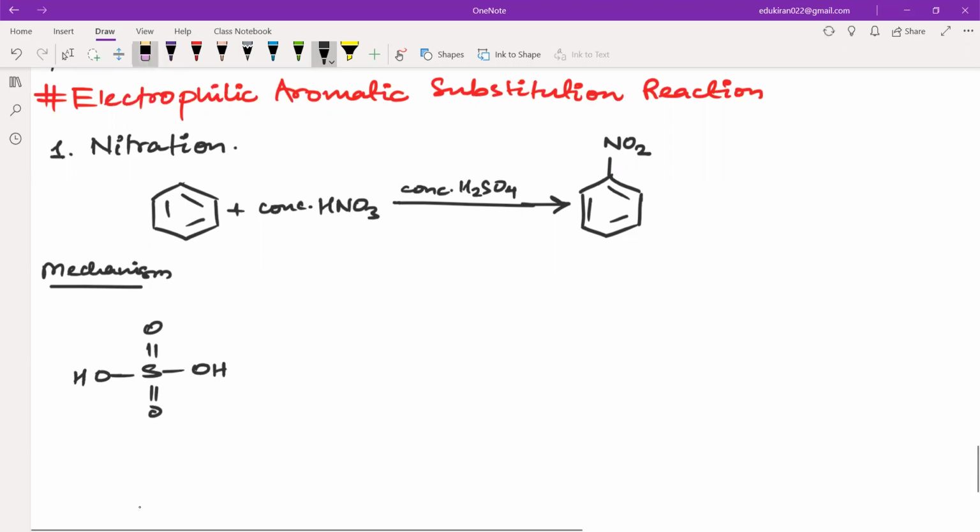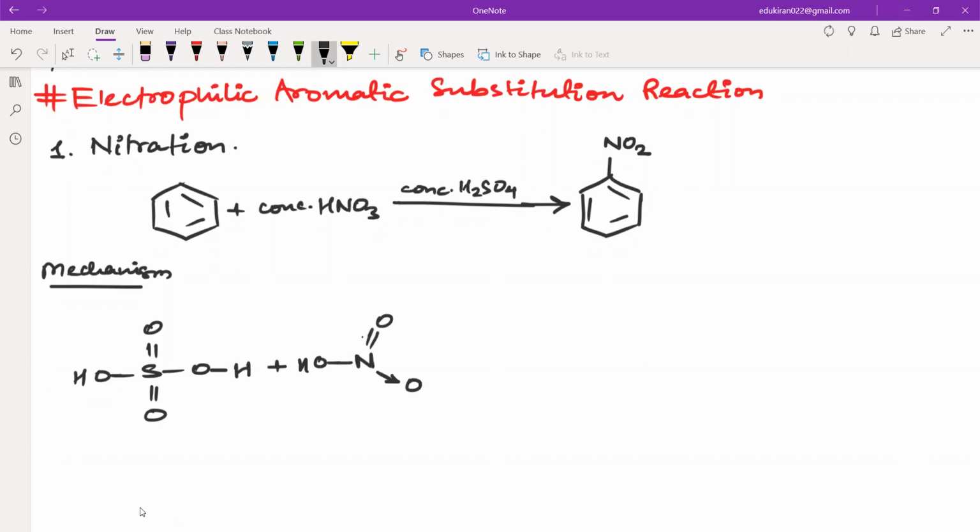So there is 1 sulfur, 4 oxygen, and 2 hydrogens, H2SO4. Plus we have HNO3. So HNO3 is nitrogen with an OH bond, and a double bond oxygen and a dative bond oxygen, like this, coordinate bond oxygen.